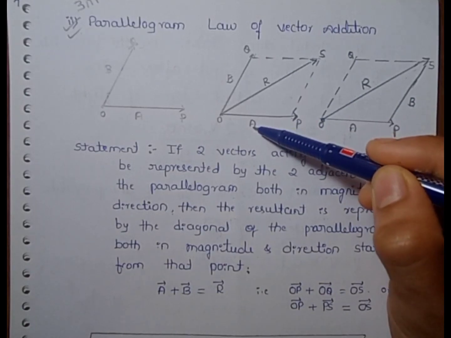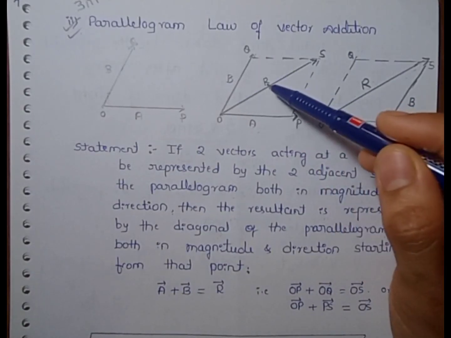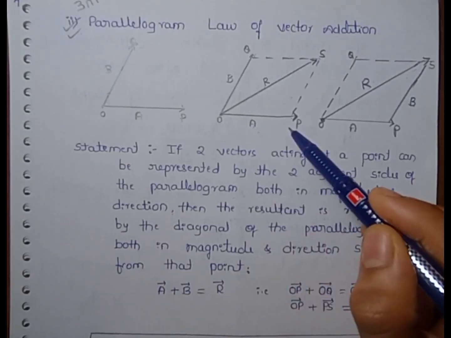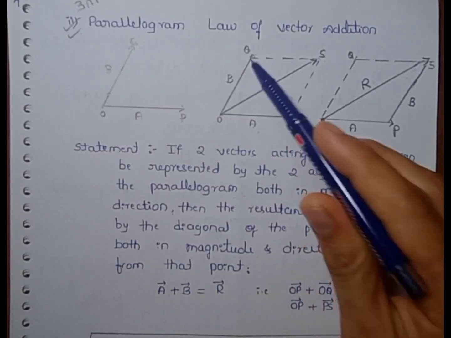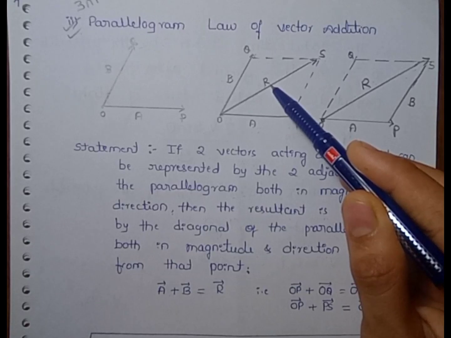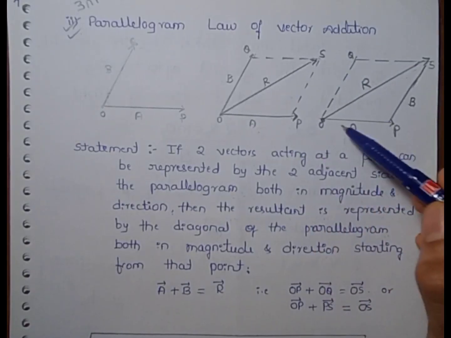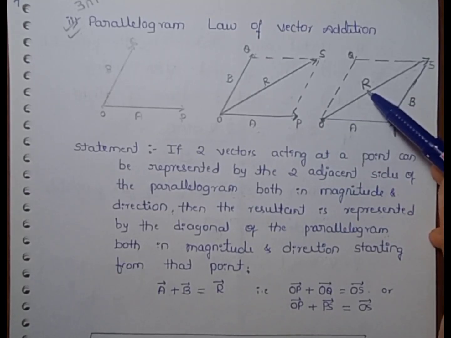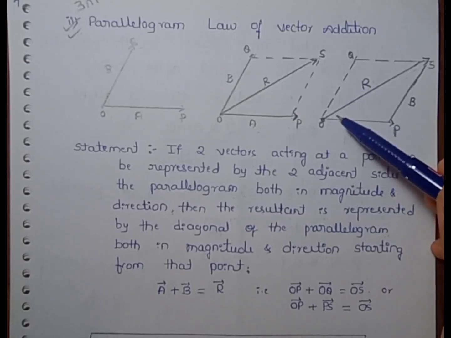That is, vector A plus vector B is equal to vector R, which is equal to vector OP plus vector OQ is equal to vector OS, or vector OP plus vector PS is equal to vector OS. This is the parallelogram law of vector addition.